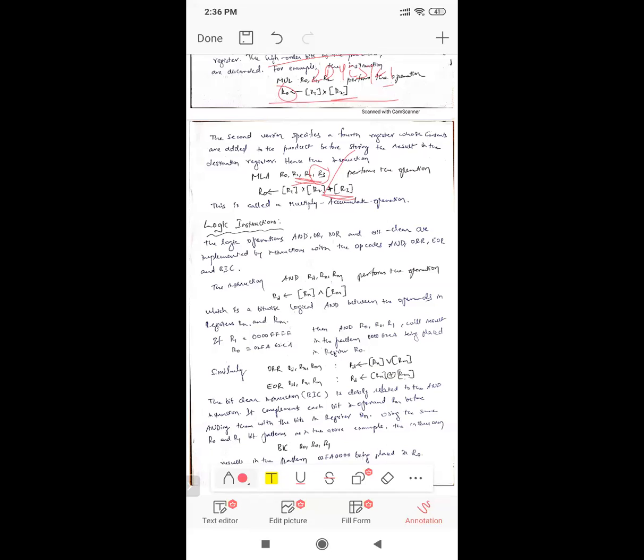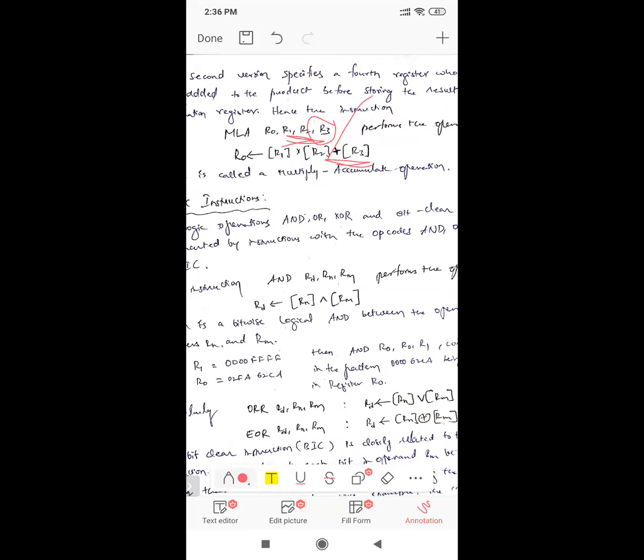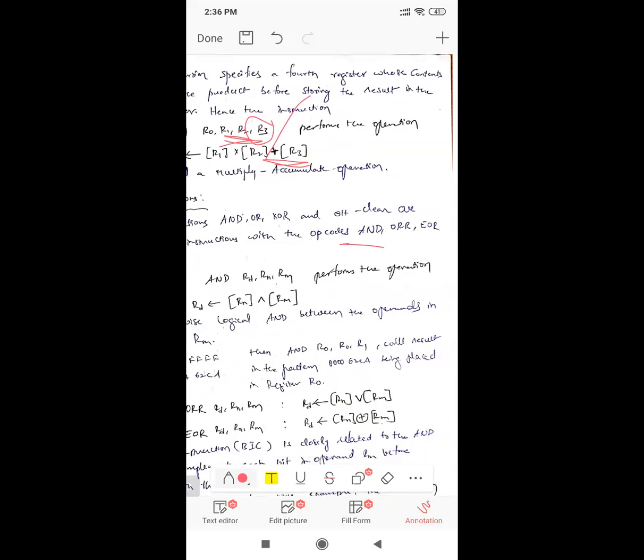The opcode for the AND instruction is AND, the opcode for the OR operation is ORR, and for XOR it is EOR. The opcode for the XOR operation is EOR.